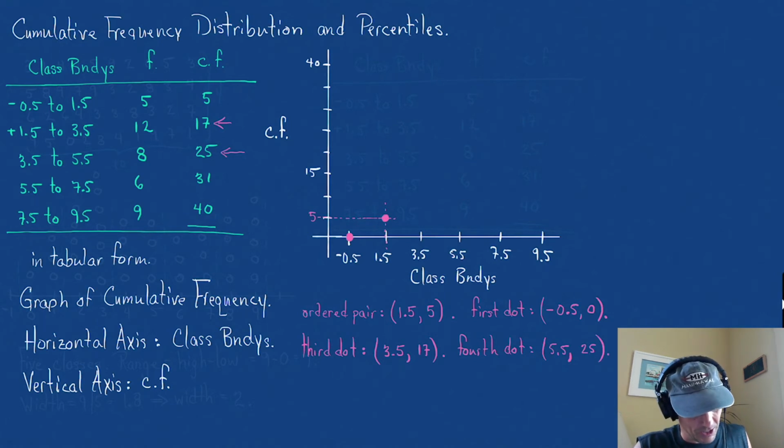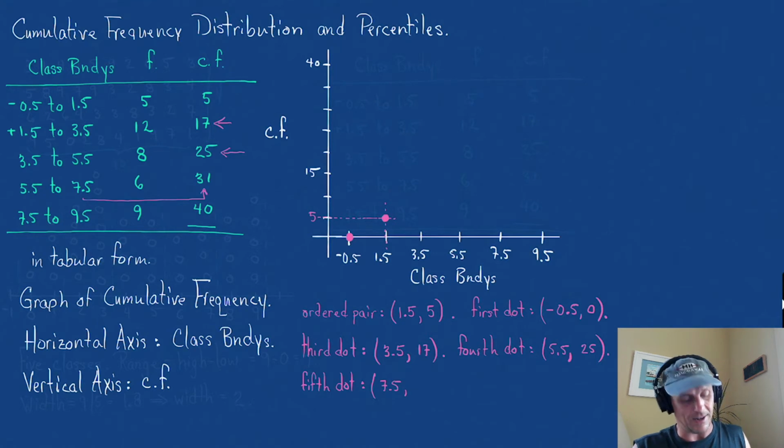And then similarly, we'll have a fifth dot. Our fifth dot is going to occur at the next boundary of 7.5. Well, at 7.5, we've accounted for 31 of these dots.